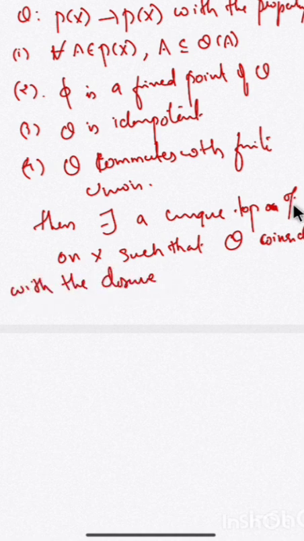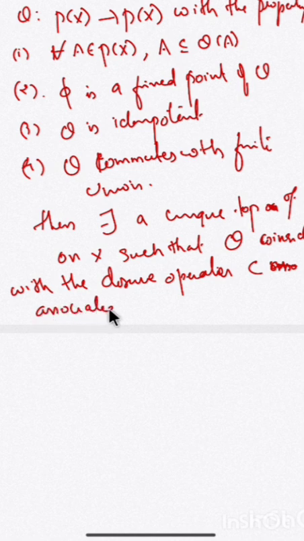When you have a topology on a set X, we can define a closure operator, and the closure operator satisfies all of the four properties also. Closure operator C associated with the topology tau. Okay, we will prove it.